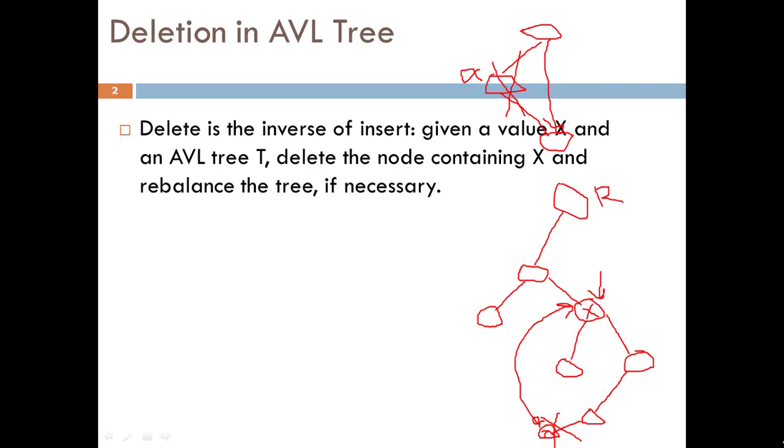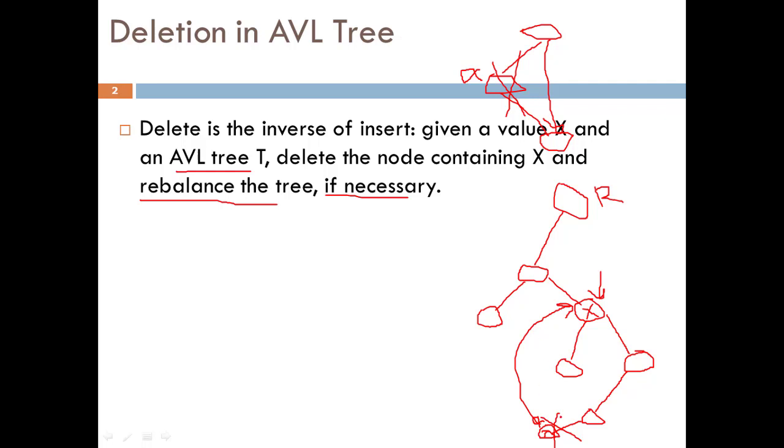So deletion is the inverse of insert. Given a value x and an AVL tree, for example this t, delete the node containing x and rebalance the tree if necessary. Like we will be given a tree t, and then we will be given a node which needs to be deleted, let's say it is the x node.